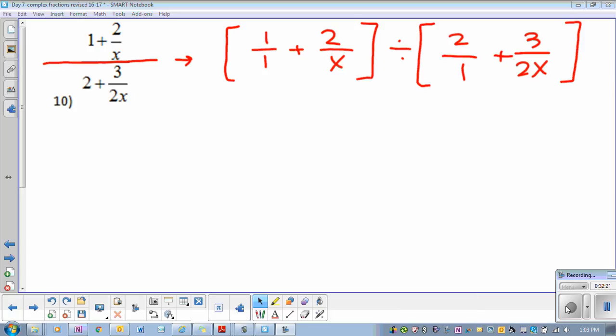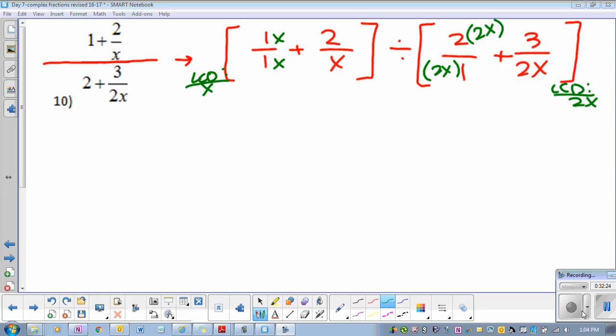The LCD for your first one in your numerator is just x. So that tells me I have x plus 2 over x.